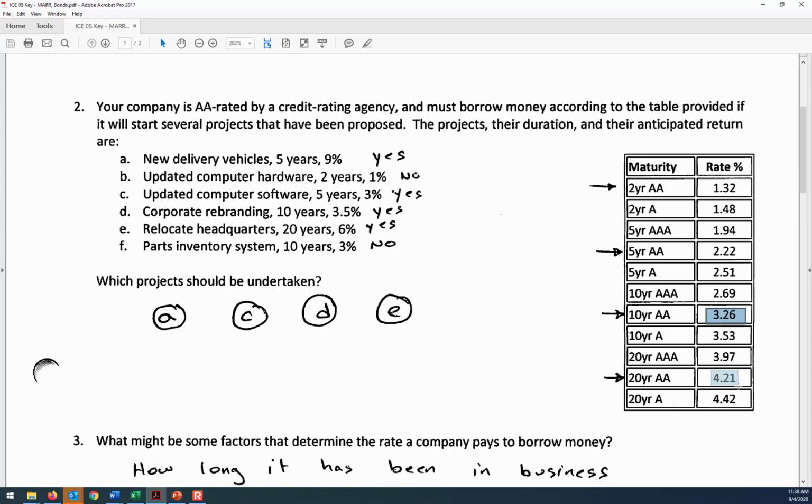How do you determine the rate of return on something like computer hardware or computer software? Well, in this course, you'll always be given assumed rates of return. But some of the ways that they do it in the real world is they'd look at past projects. Maybe it's not the first time they've made an upgrade and they know what kind of productivity they had last time they made a similar upgrade.